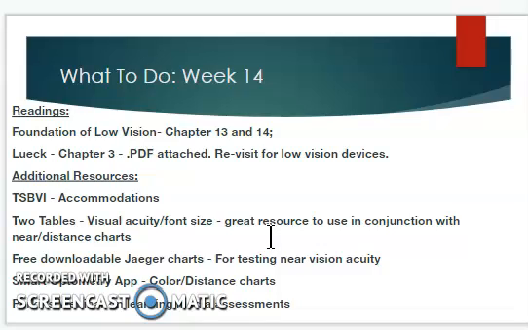If you have access to a Lea symbols chart, I would highly recommend using those. Use these only when you don't have access to E charts, or when a TVI is not providing you with these materials. These are free and downloadable, so use them for your functional vision assessment in case you don't have access to those charts.